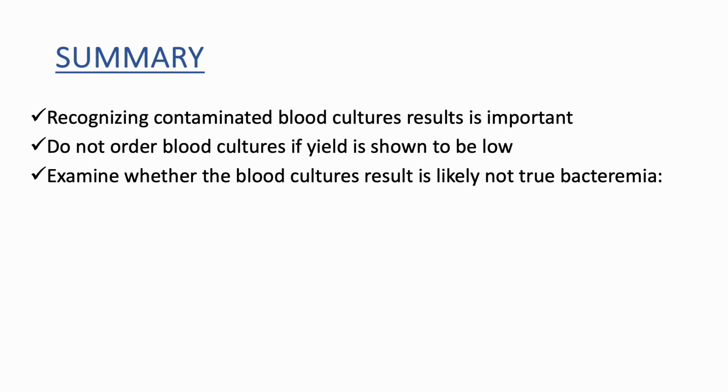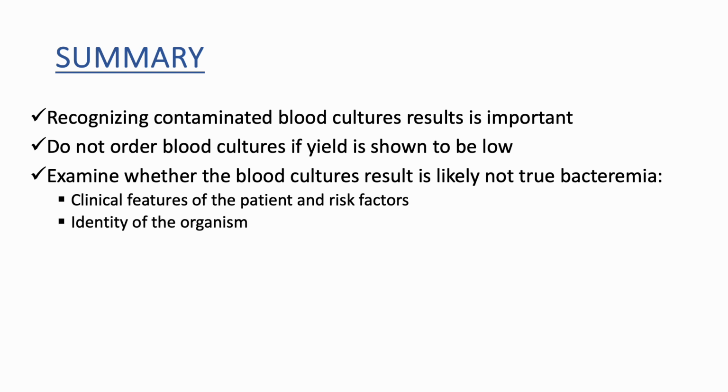Examining whether the blood culture result is likely to be true bacteremia or a contaminant is generally based on 4 factors. First, the clinical features of the patient, severity of the illness, the risk factors associated with the case, and whether the patient had any foreign bodies or devices. Number 2, the identity of the organism, and whether the organism is known to be associated with contaminated blood cultures, or should be considered a serious organism associated with true bacteremia till proven otherwise.